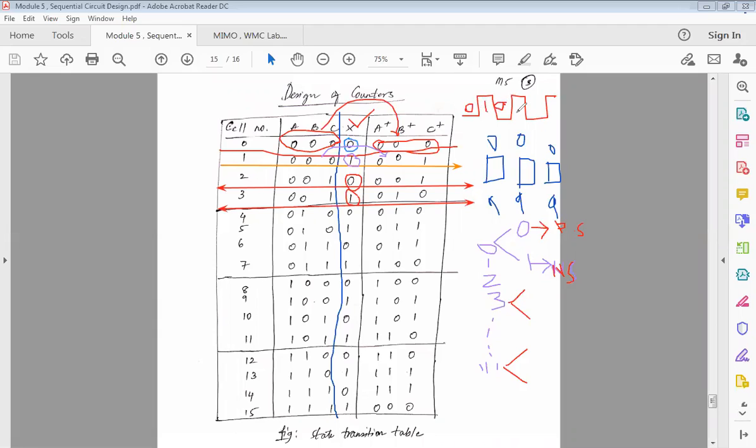Then 0, 1, 0, 1. So this is nothing but your X. Understanding? Yes, sir, got it. Okay, so you can even start from 1, no problem. 1 0 1 0, anything. But normally we tend to start from the low value 0.